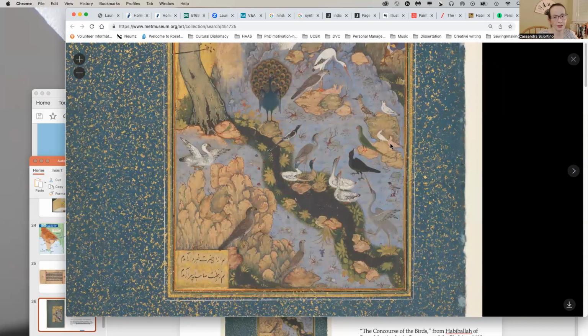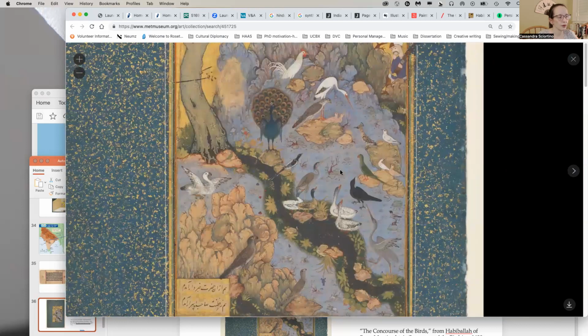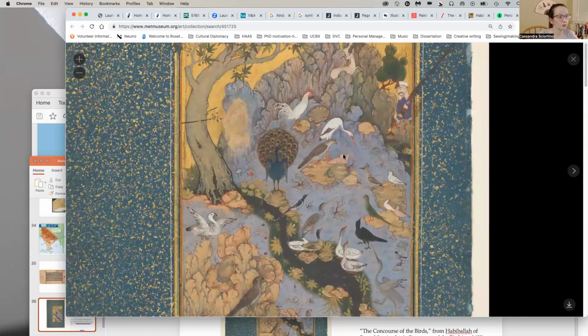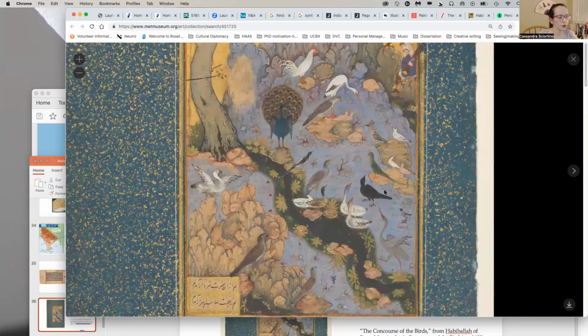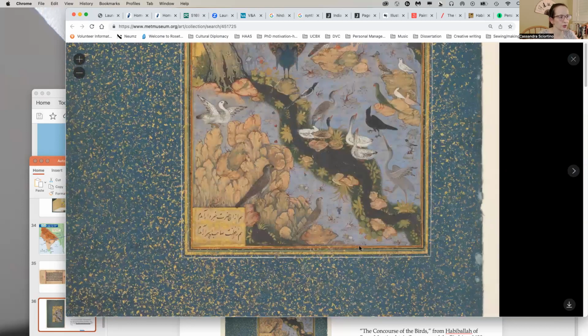are depicted with a high level of attention to accurate depiction of specific species of birds. The parrot, we have ducks, we have, I think, maybe a crane and an eagle. My ornithology skills are not so good, but at any rate, and a peacock, obviously.